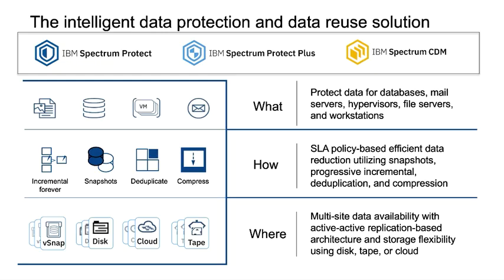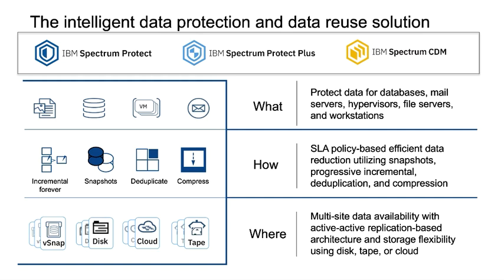And Spectrum Data Protection is a triad of products that complement each other. Broadly, they can be divided as IBM Spectrum Protect, which does the heavy lifting, long-term storage and archival, multi-tier storage, multimedia technology storage.